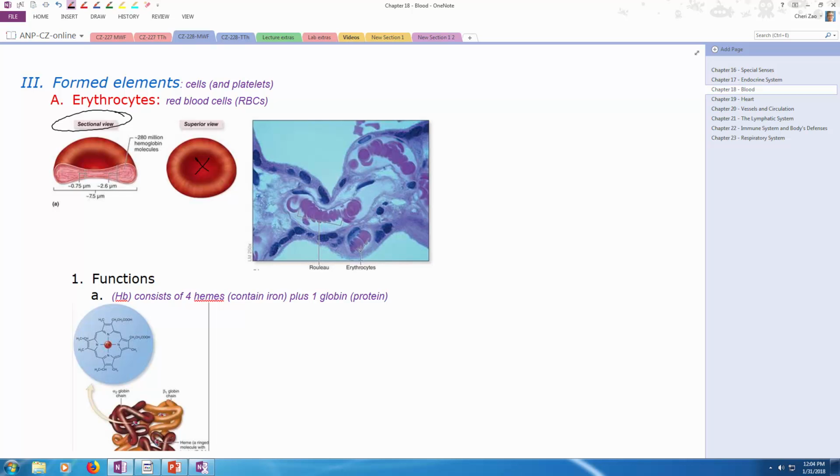Red blood cells underwent mitosis from their precursor cell, and the cell had a nucleus in it, and before it leaves the bone marrow, the nucleus is extruded so that we can increase the surface area to volume, and therefore increase transmission of the gases that actually have to go through that cell membrane to get to the inside molecule that's important in the transport of oxygen for us. So our descriptor here is biconcave disc.